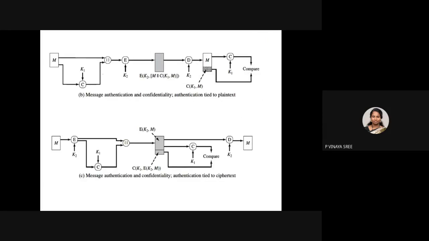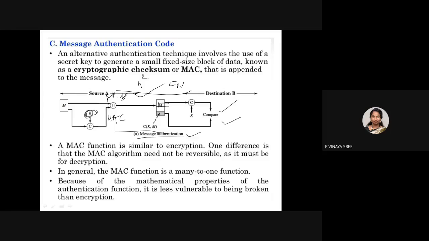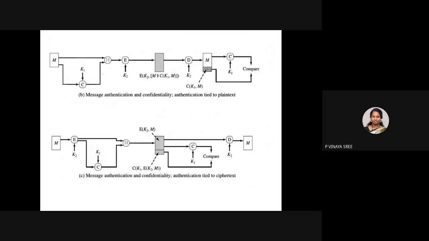The problem in this case is that the plain text message is being transferred. The process until here is the same. The sender sends the message to the MAC function, generating a MAC, and the plain message is also there. For both of these it is using K2, which is symmetric, to encrypt the message and the MAC.